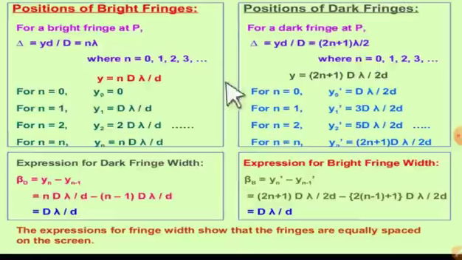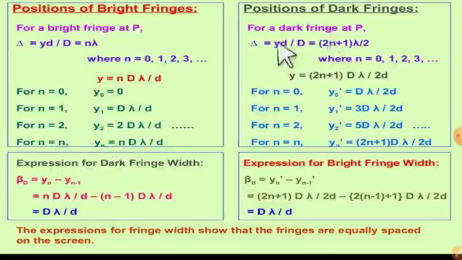So if you put n equal to 0, 1, 2, 3 subsequently, you will get y0 equal to 0, and y1 equal to capital D lambda by small d. You need to put only those values. For n equal to 0, it will be 0. For n equal to 1, you put 1 here, then it will be D lambda by d. When n is equal to 2, you put 2 here, so it will be twice lambda D by d, and so on up to the nth term.